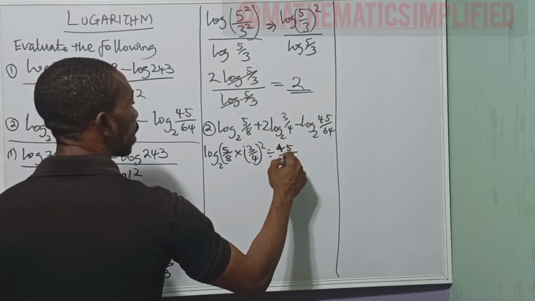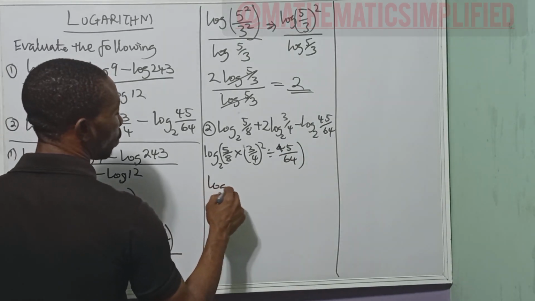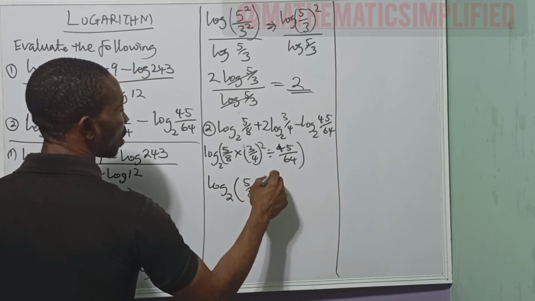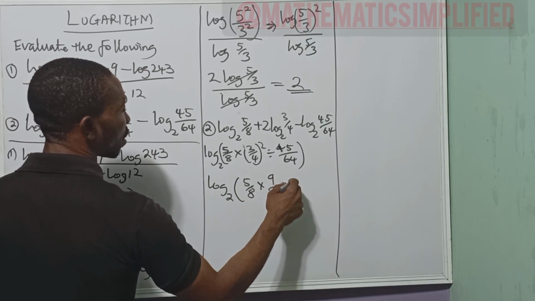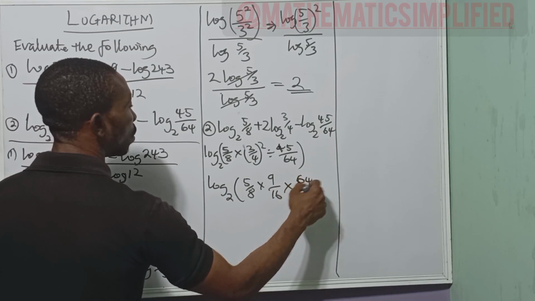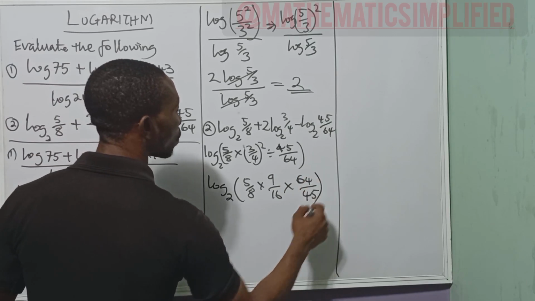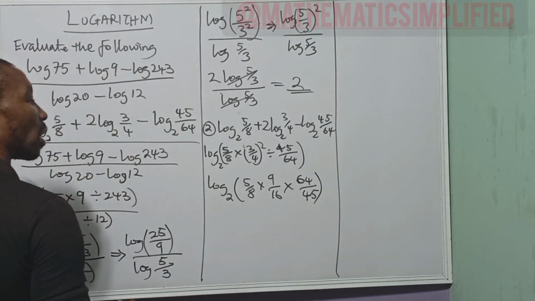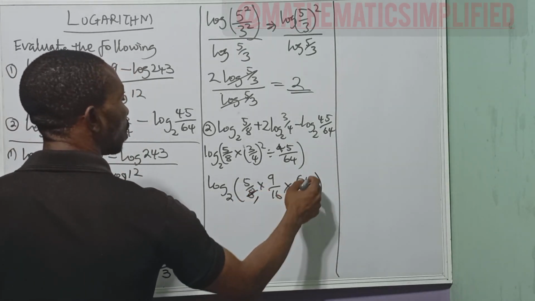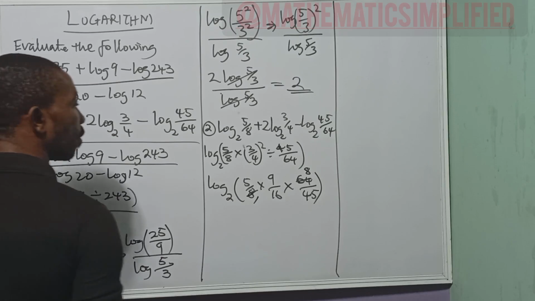45 over 64. From here we have log base 2 of (5 over 8 times 9 over 16 times, doing our inverse, 64 over 45). Now with this we can cancel out. 8 into 8 is 1, 8 into 64 is 8, and 8 times 8 gives us 64.